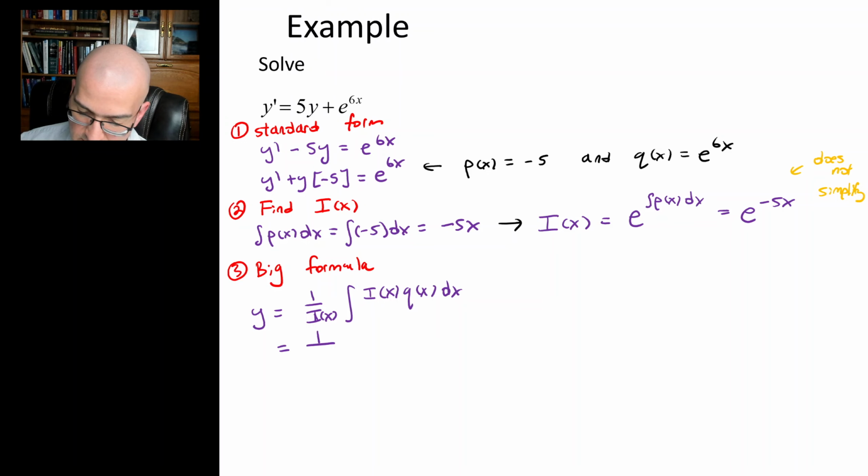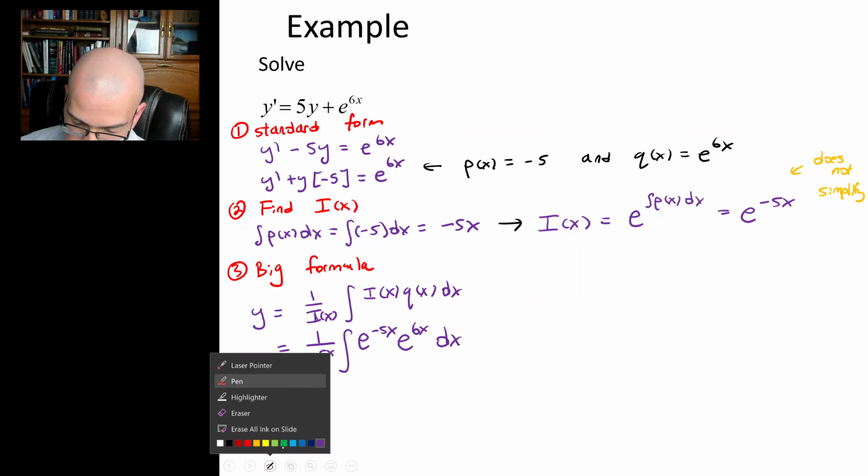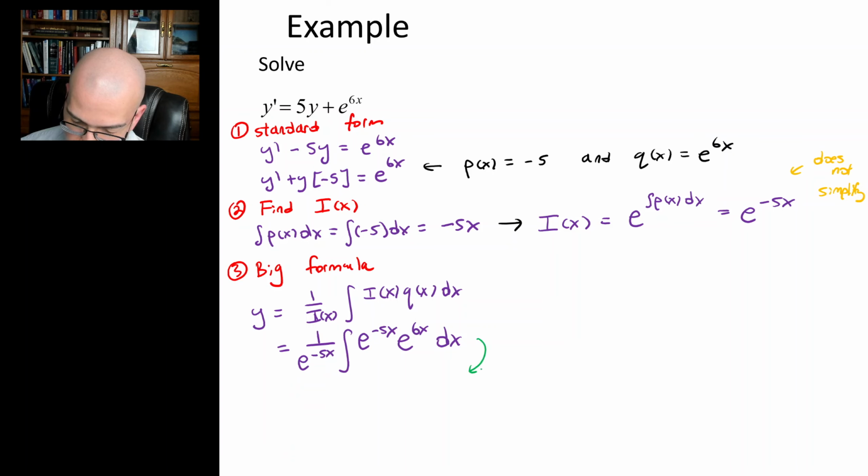So that'll be 1 over e to the negative 5x times the integral of e to the negative 5x times e to the 6x. And we're going to use some exponent laws. We're going to use that 1 over b to the negative m is the same thing as b to the positive m.